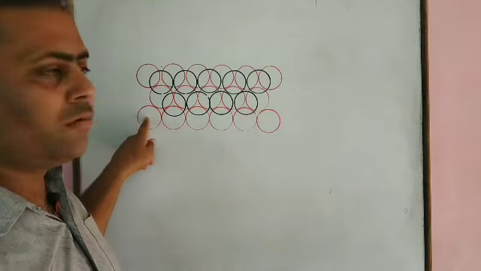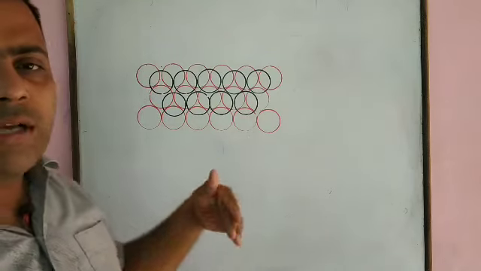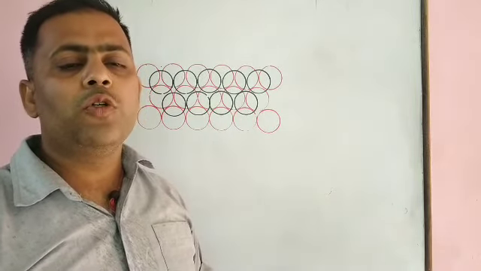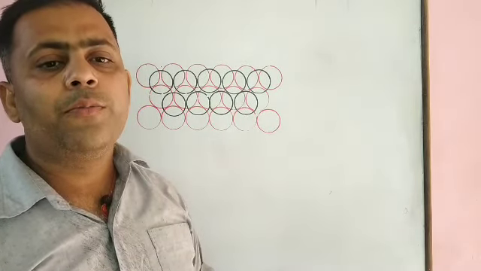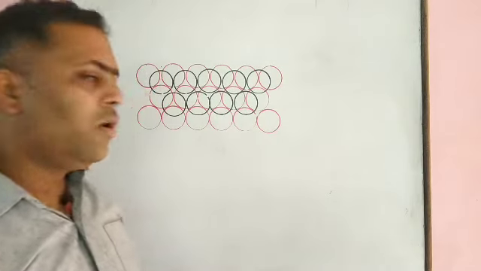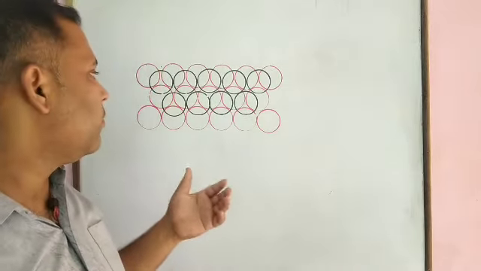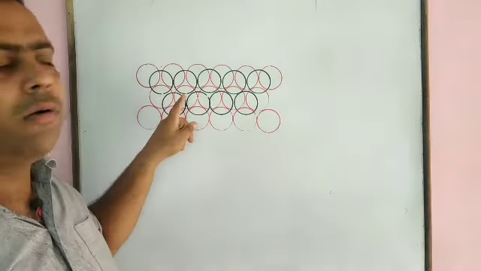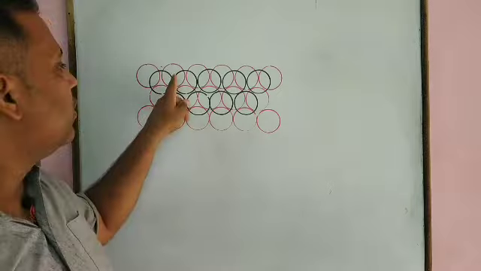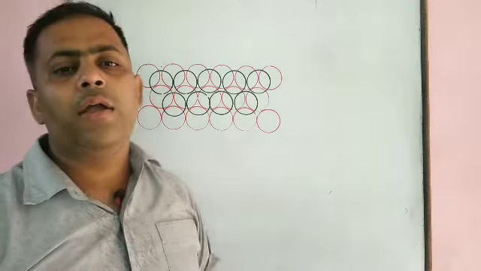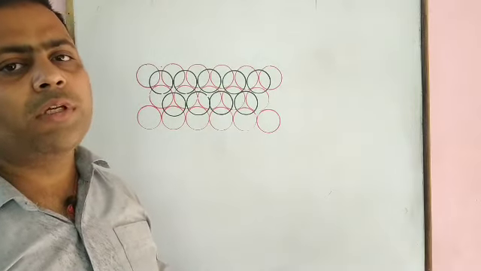Next, when we want to get the three-dimensional closed pack structure from the two-dimensional hexagonal closed pack structure, how can we get it? Let us see. We are going to place the second layer. This black circle represents the atoms or the spheres of the second layer.